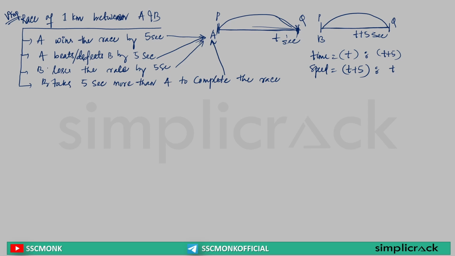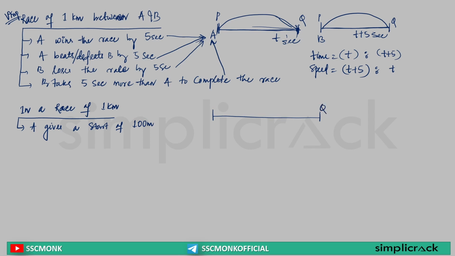Sir, it is saying in a race of 1 kilometer, if A gives a start of 100 meter, that means, for example, here P, here Q. The distance between P and Q is 800 meter.